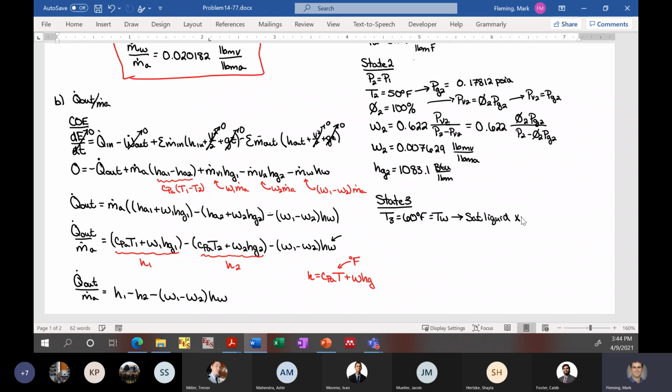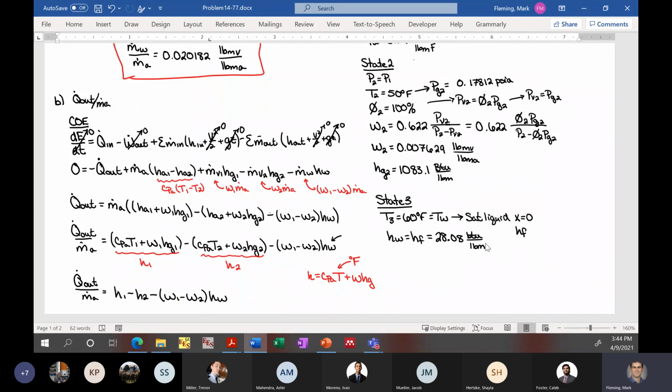The quality is equal to 0, which means we can look up h sub f at this temperature. Note this is the enthalpy in terms of the f side of the table. Looking that up at the given temperature, this is going to equal 28.08 BTU per pound mass.